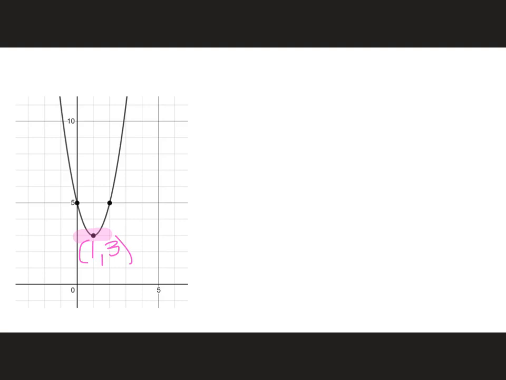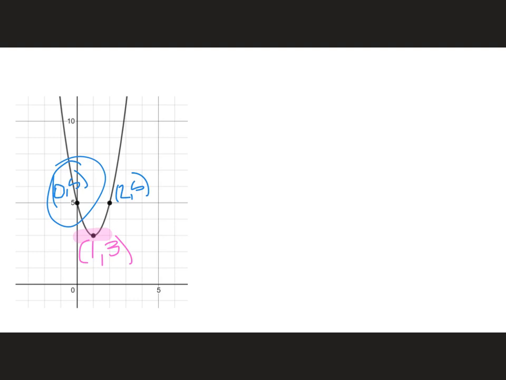And then we have 2 other plotted points for us, and we can choose either of those. We could choose this one, which appears to be at 0, 5, or this one, which appears to be at 2, 5. It doesn't matter. We just have to have the vertex and one additional point. So I'm going to go ahead and use the 0, 5 one because I feel like that's what most of you would do as well.